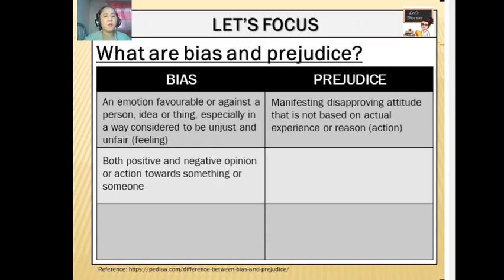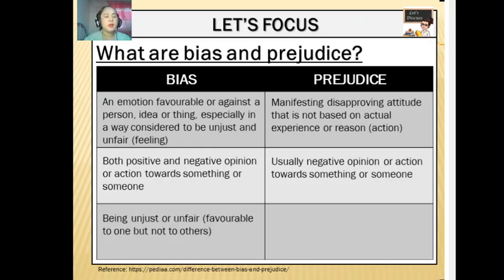Bias is also both positive and negative opinion or action towards something or someone, while prejudice is usually negative opinion or action towards something or someone. So bias is basically being partial, showing partiality, or being unjust, while prejudice, on the other hand, is showing that you are against something.